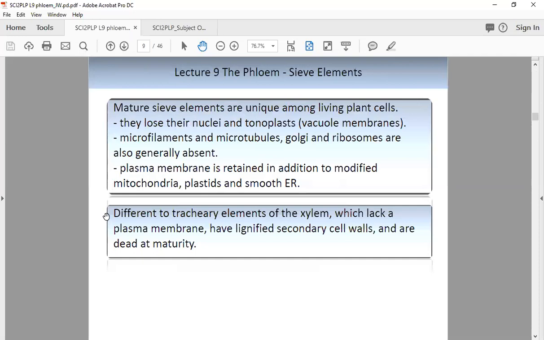They have lignified secondary cell walls, and they're dead at maturity, at functional maturity. So remember, the sieve elements are actually living cells. They're not generally lignified cells, although they often undergo secondary thickening of the cell walls.